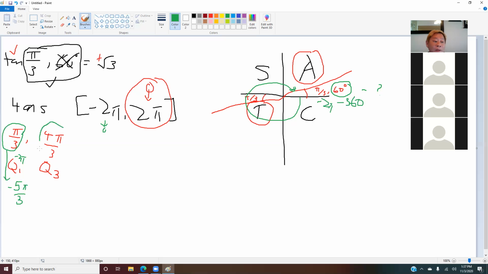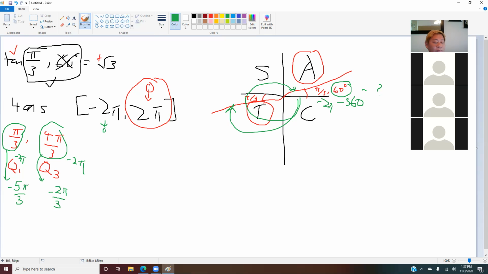And the same thing happens to the 4 pi over 3 that you get in quadrant 3. In order to get the negative part, again, we subtract 2 pi. So what you get when you take 4 pi over 3 and subtract 2 pi is also a negative. 4 plus what is 6? 2.